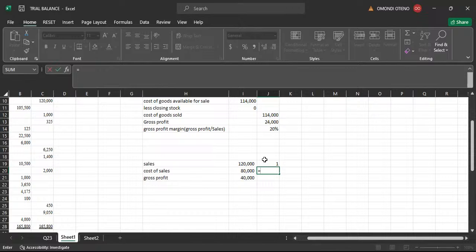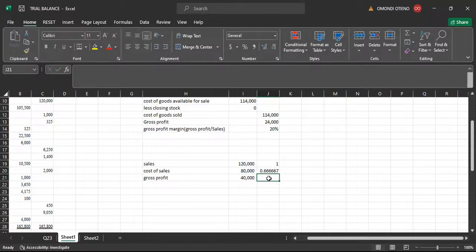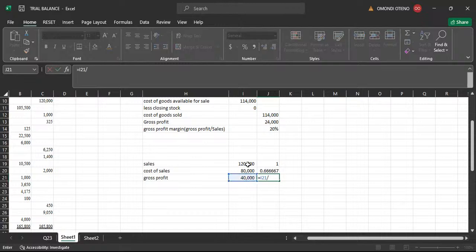Let's check the formula for our gross profit margin. It is gross profit over sales. If I want to get cost of sales ratio, it is cost of sales over sales value. If I want to get gross profit ratio, it is gross profit over sales value.